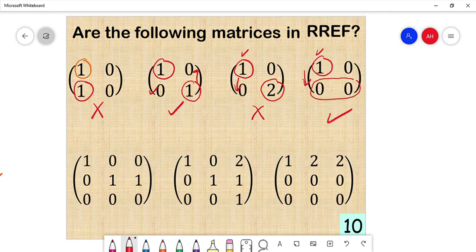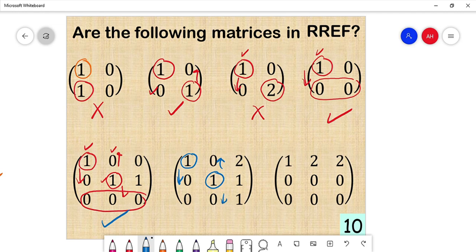This is good. Now for the 3 by 3 matrix, leading one here, leading one here, below it are all zeros. Now for this leading one, above it 0, and below it also 0, and the 0 row is at the bottom. Therefore this matrix is good. The leading one is this one, below it 0. The leading one for the second row is this number 1, above it 0, and below it 0, also good.